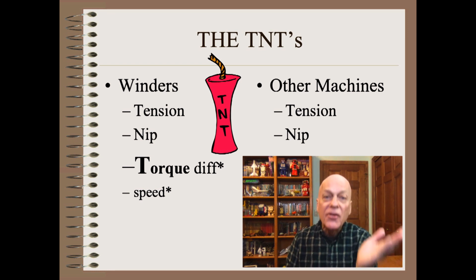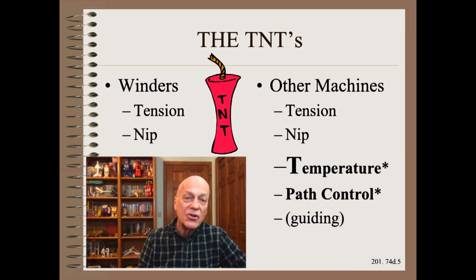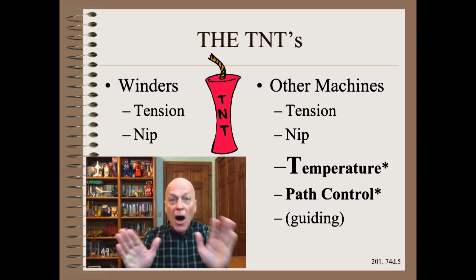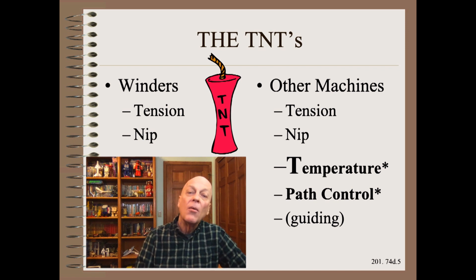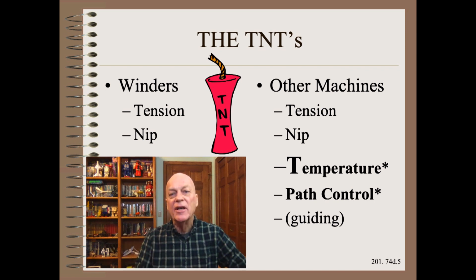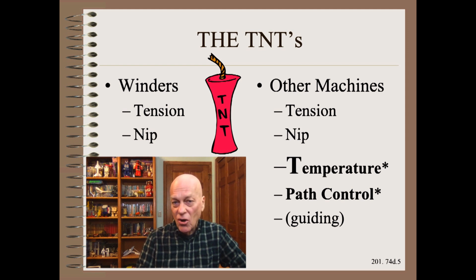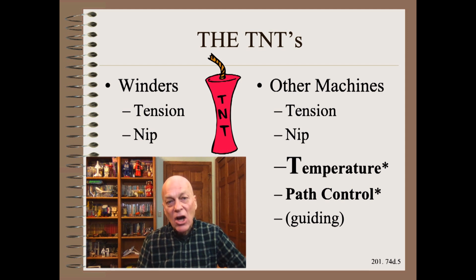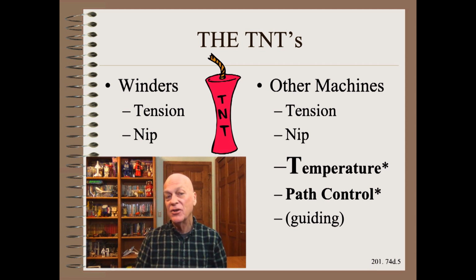On other machines, the last T stands for temperature, which is by far the most important control when a machine has that control. Winders and other machines are also often concerned with path control, which includes such things as guiding, wound roll edge quality, and registration.